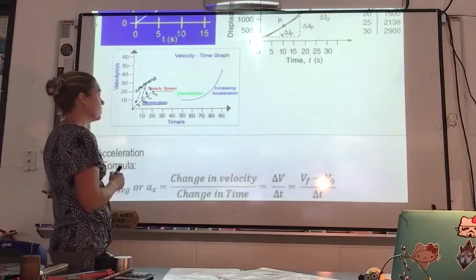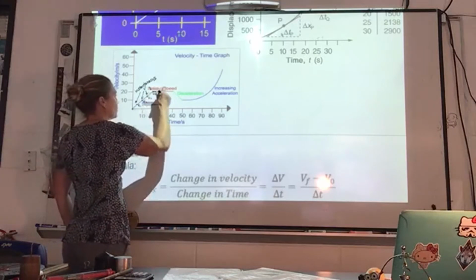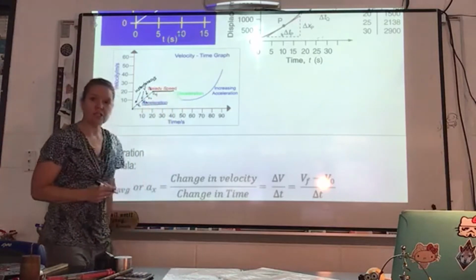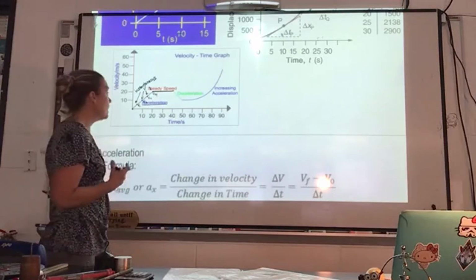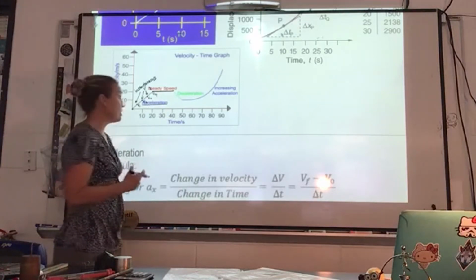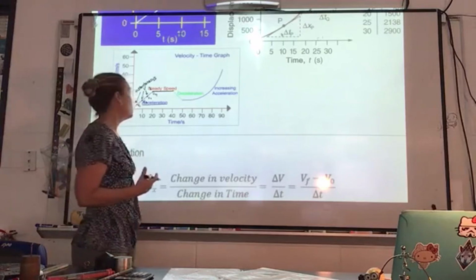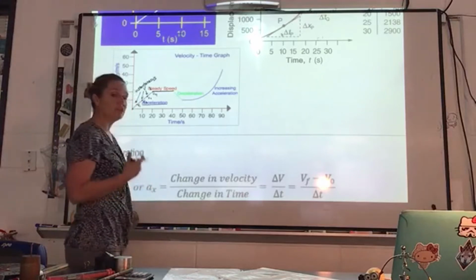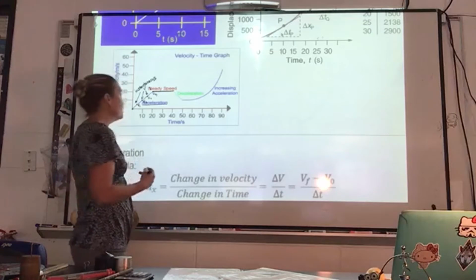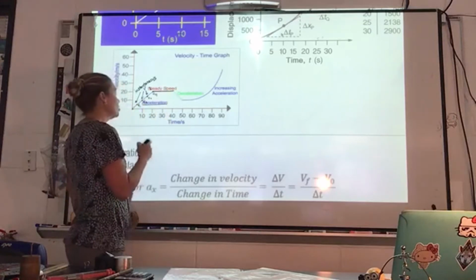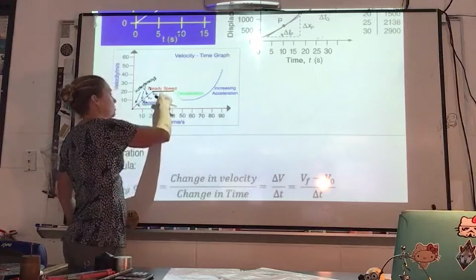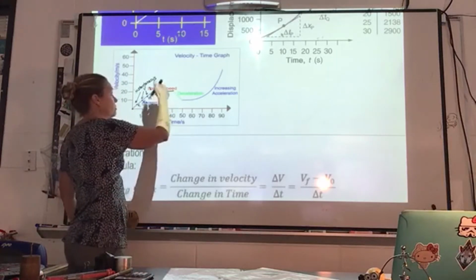Individual points. Here we see on this graph, it looks like nothing is happening. We have no slope. Does that mean you're not moving? No. If you have no slope in this graph, it means you're not changing. So we are not changing our velocity. We are going steady, or uniform.